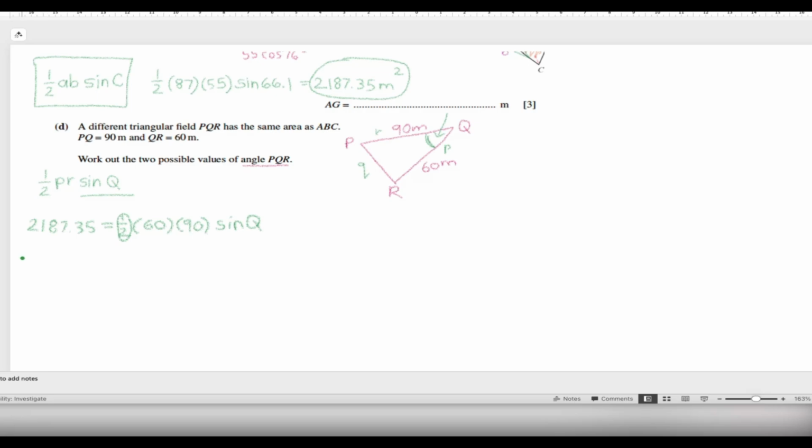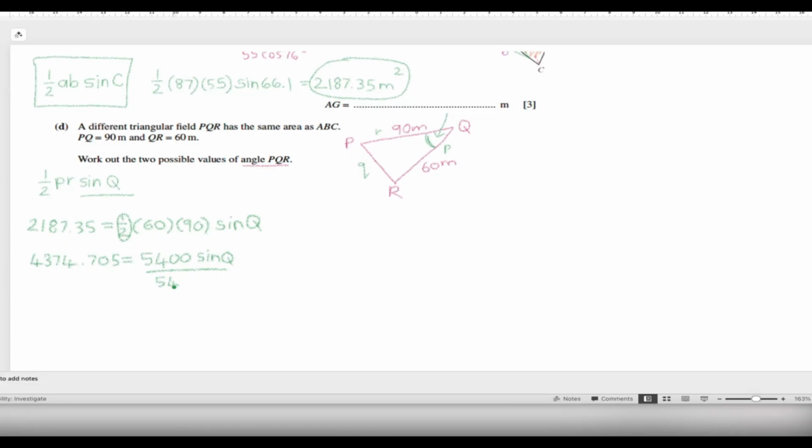If we multiply it by 2, then it becomes 4,374.705. And on this side, we have 60 times 90. Let's quickly multiply that. 60 times 90 is equal to 5,400 multiplied by the sine of Q. Now I want to get the sine of Q alone, so I'm going to divide by 5,400.